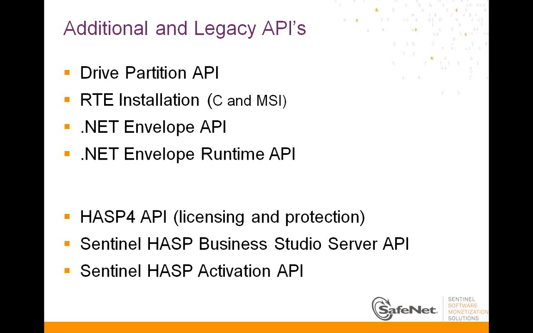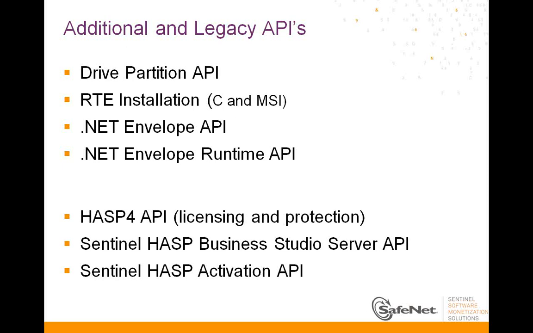.NET Envelope API. Now, protection settings for an application are typically specified using Sentinel Envelope's user interface. For certain settings, the .NET Envelope API provides an alternate method for applying protection. Using this API, developers can specify protection settings for classes and methods directly in their application source code.